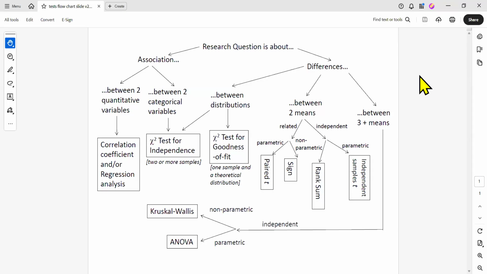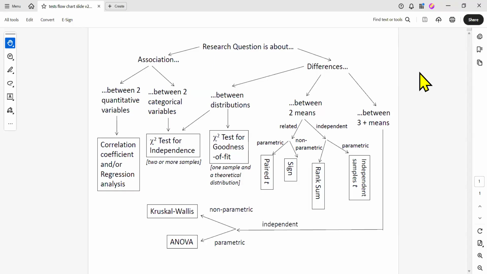This diagram, which I'll call the which test flowchart, helps you decide which of the 9 statistical test methods, or you can think of them as experimental designs, is the correct one to use for all of the tests that we're going to cover in this class.